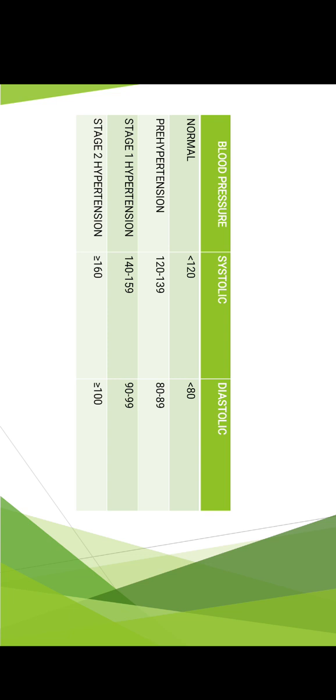For stage 1 hypertension, the systolic will be about 140 to 159 and the diastolic about 90 to 99. The last one is stage 2. The systolic will be greater than or equal to 160 and the diastolic greater than or equal to 100. The types of hypertension are essential and secondary hypertension.